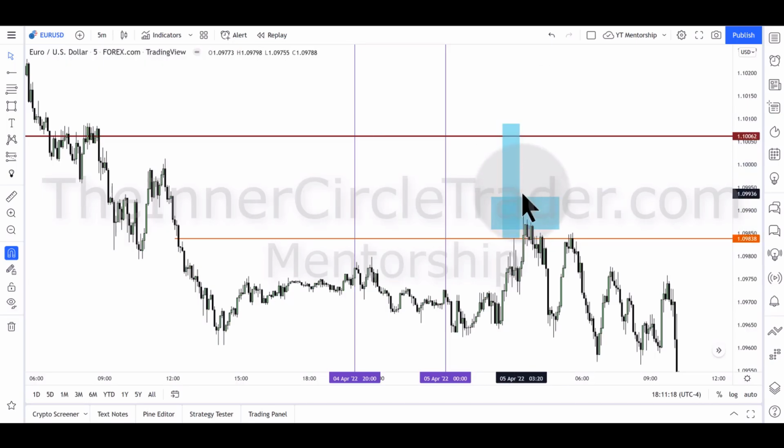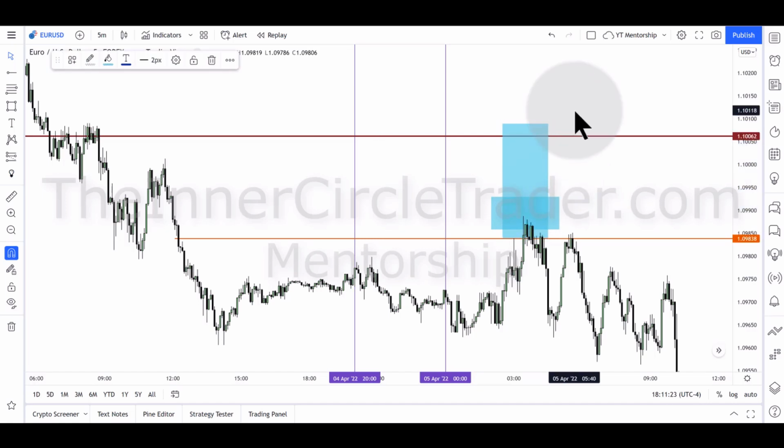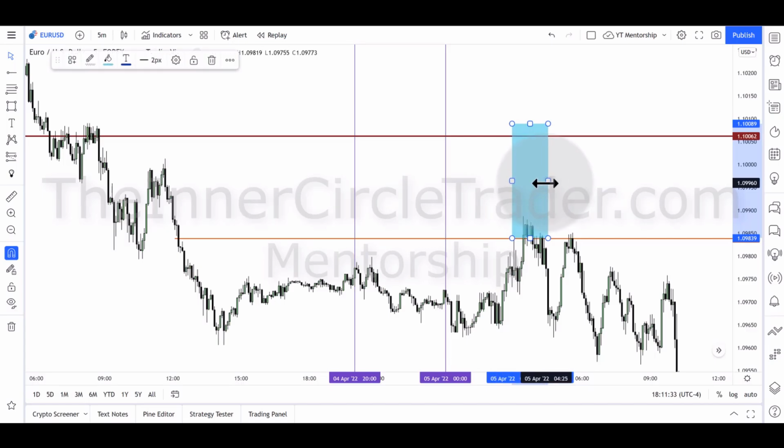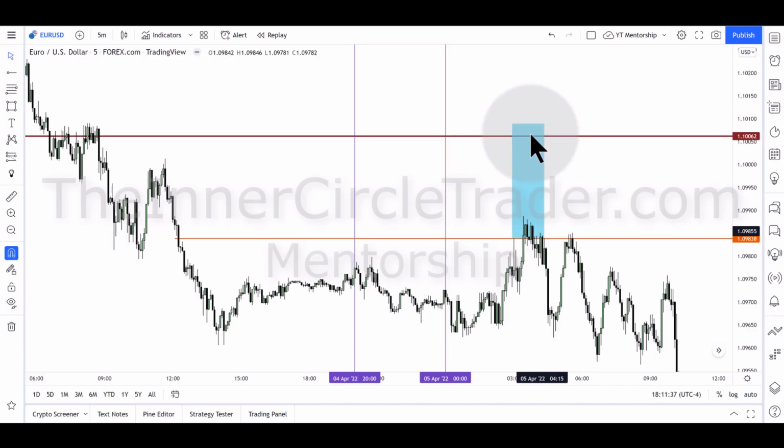All right, so that would be your risk on the trade there. Okay, so we can take this off. We have framed the idea here. And that is the risk during the London Open Kill Zone entry.